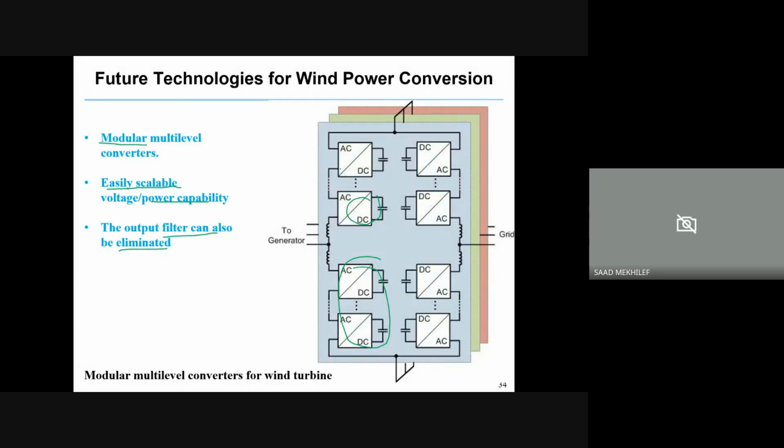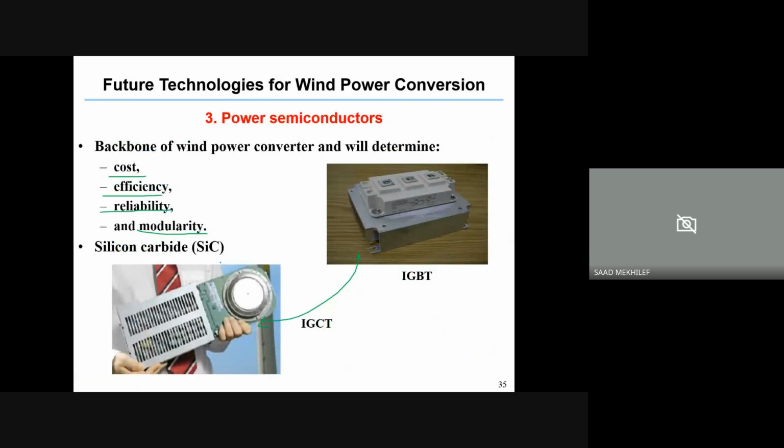The system can still function, but maybe with reduced quality of power. Maybe the total harmonic distortion will increase a bit. However, the system will continue to run. This is what we call fault tolerance, because that's the objective of having modularity in this kind of system. Okay, so that's why modularity, scalability and fault tolerance are becoming an issue.